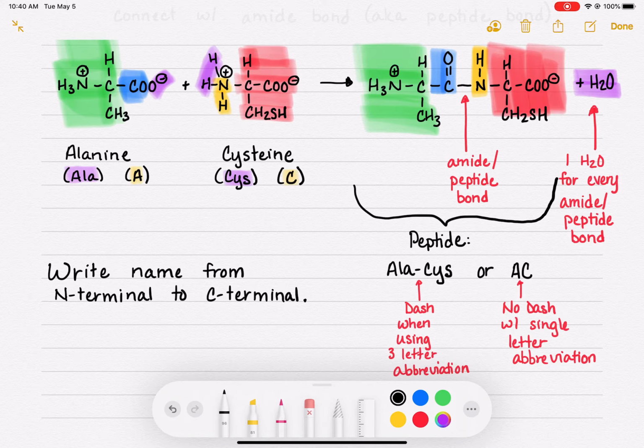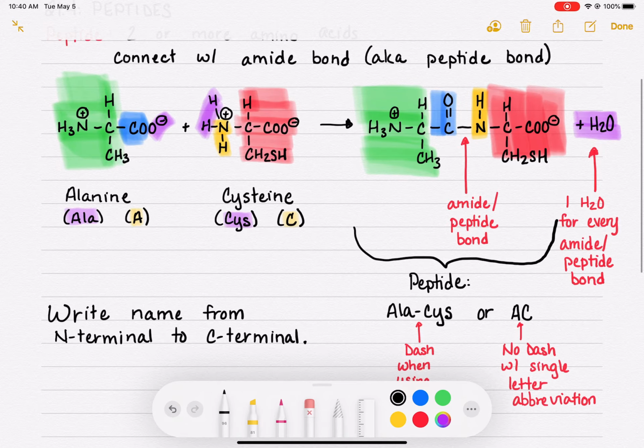Now, if you're drawing your amino acids in this form, then the N terminal is always going to be on the left and the C terminal is always going to be on the right, and there isn't going to be any tricks involved. But if for some reason things do get kind of tricky, what's the N terminal and what's the C terminal? Well, that is the N terminal. So if we're looking at the amino acid, it's going to have two endings to it.